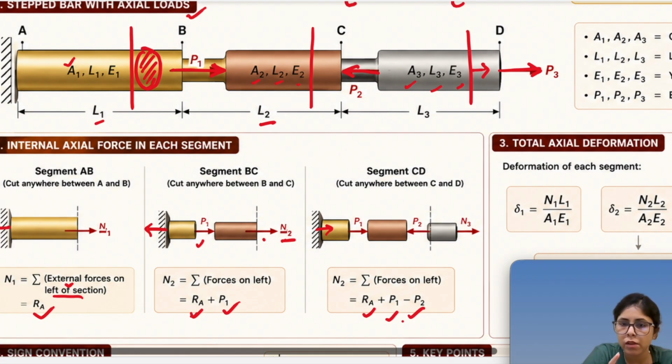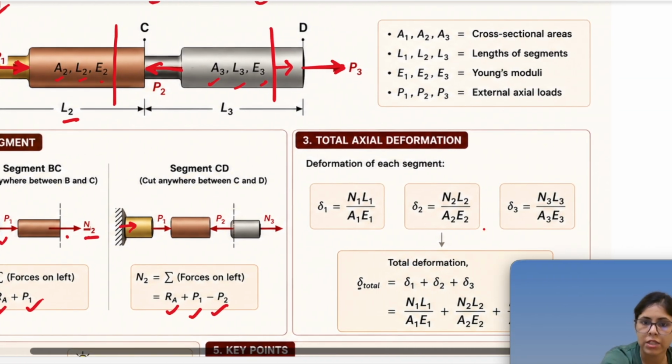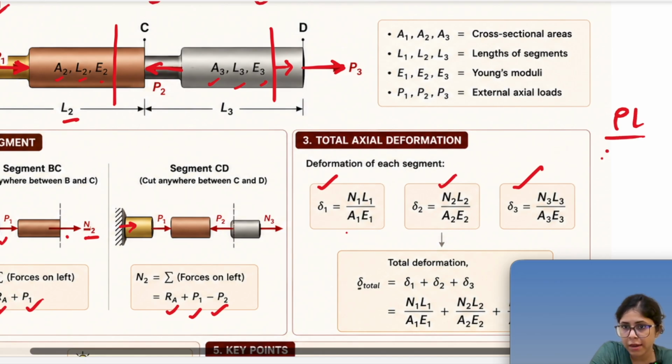Now we need to calculate the deformation. The deformation due to each section will be, for the first section, N1 L1 upon AE, second is N2 L2 upon AE, third is N3 L3 upon AE, from the PL upon AE formula, right?